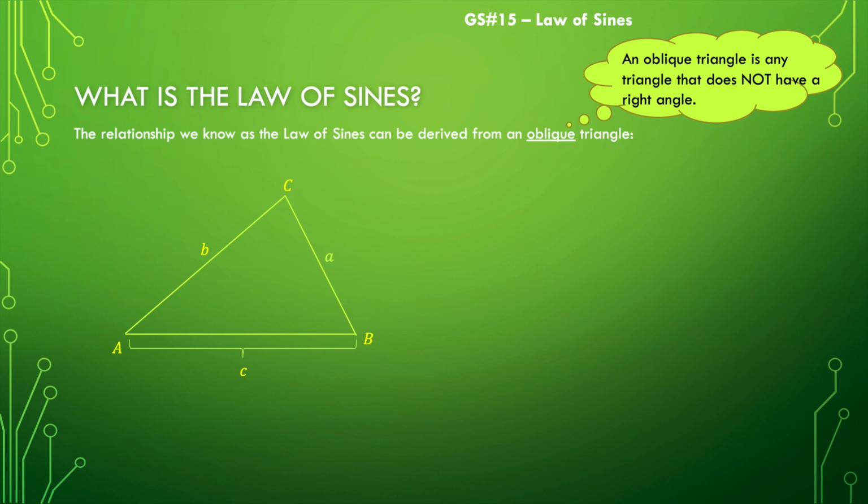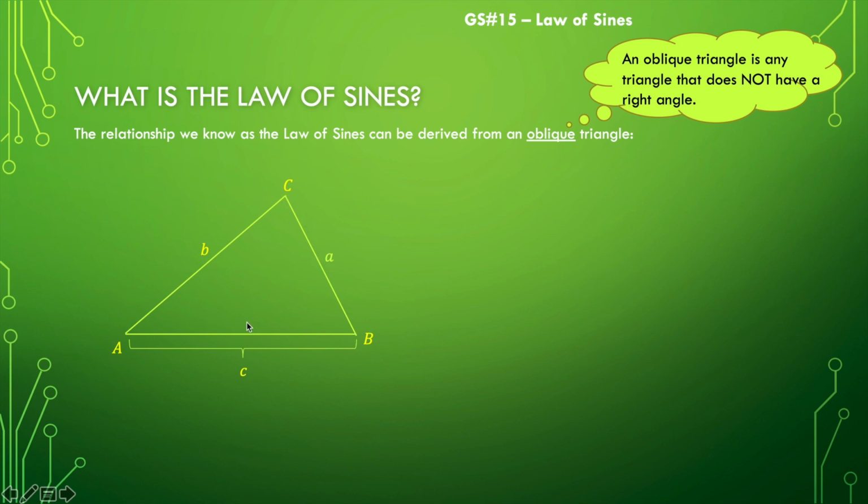Okay, so in this oblique triangle, before we do anything else, I want to remind you of a couple of things. Notice that my side lengths are labeled a, b, and c, and my vertices are labeled A, B, and C as well. If you are observant, you will notice that the vertex opposite the side length has the same letter, just one is capital and one is lowercase.